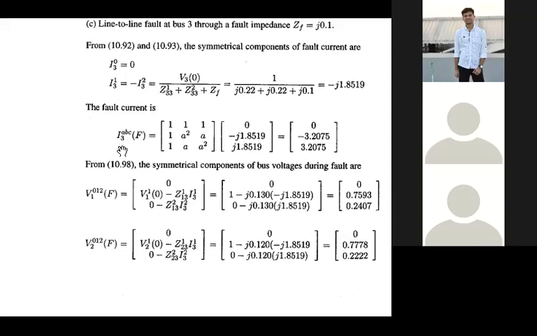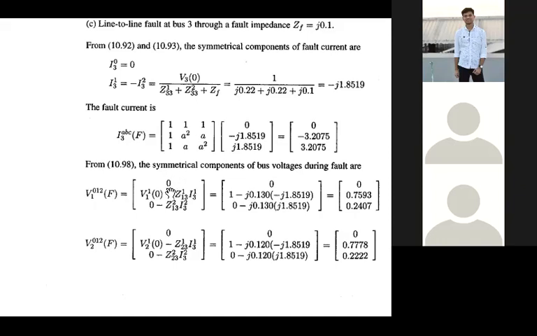Second one is the fault voltage, the bus voltage during fault. V0, V1, V2 in terms of fault. This is the during-fault scenario. Another interesting thing you have to check here: the equation is 0.